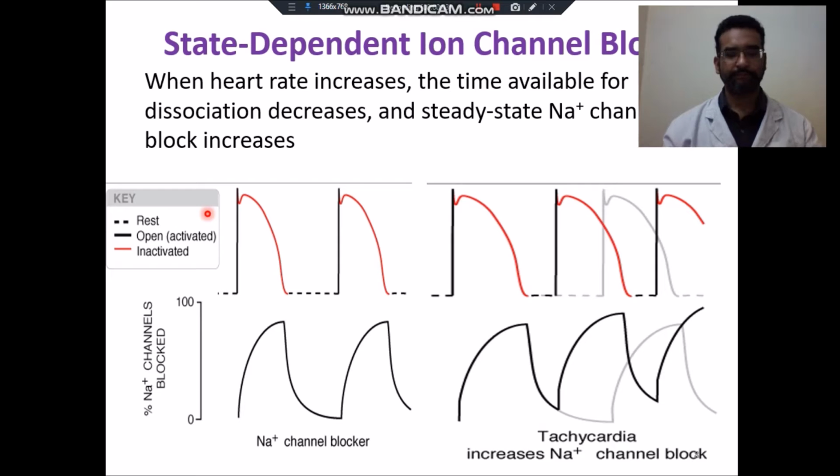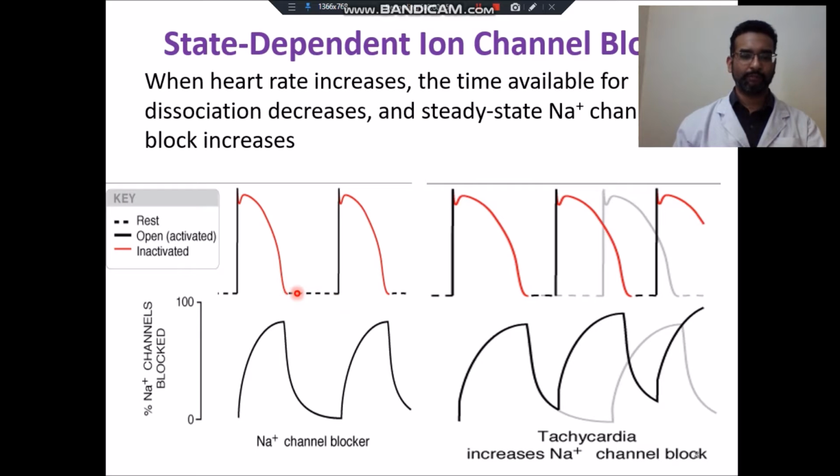So I was saying that during phase 0 the channel will be open and sodium enters, and during phases 1, 2, and 3 the sodium channels will be inactivated. It is during this time that the drugs get ample time to dissociate.